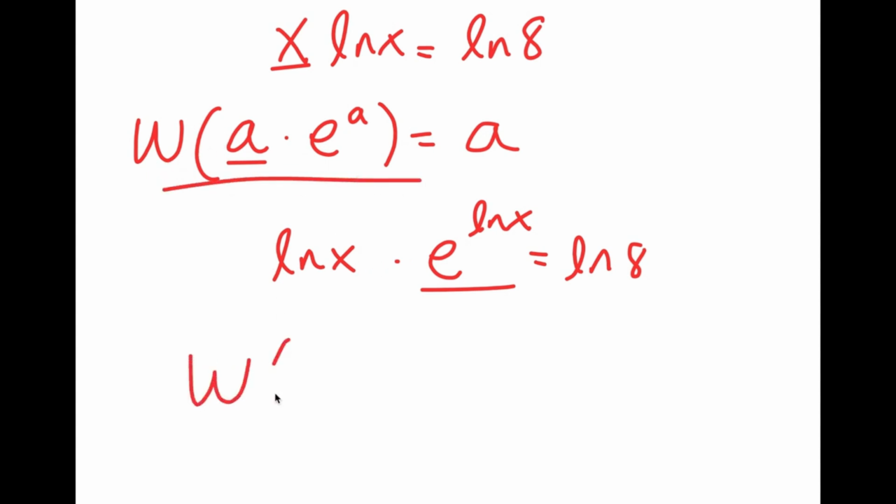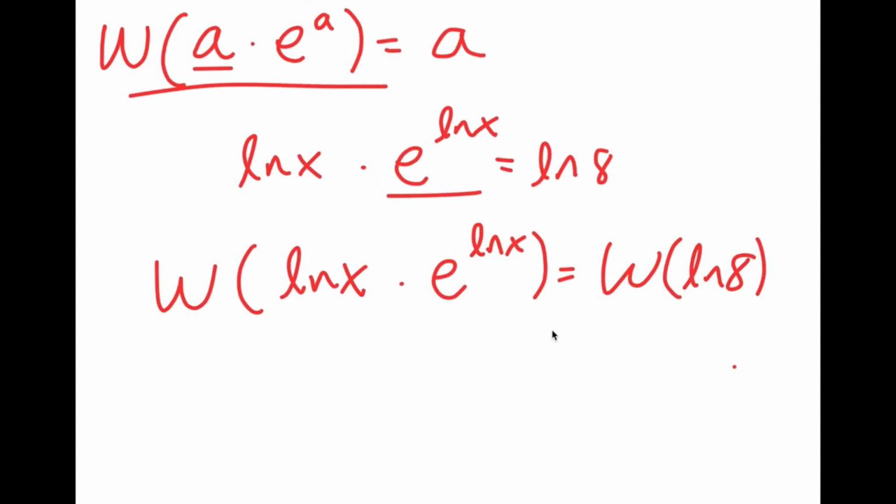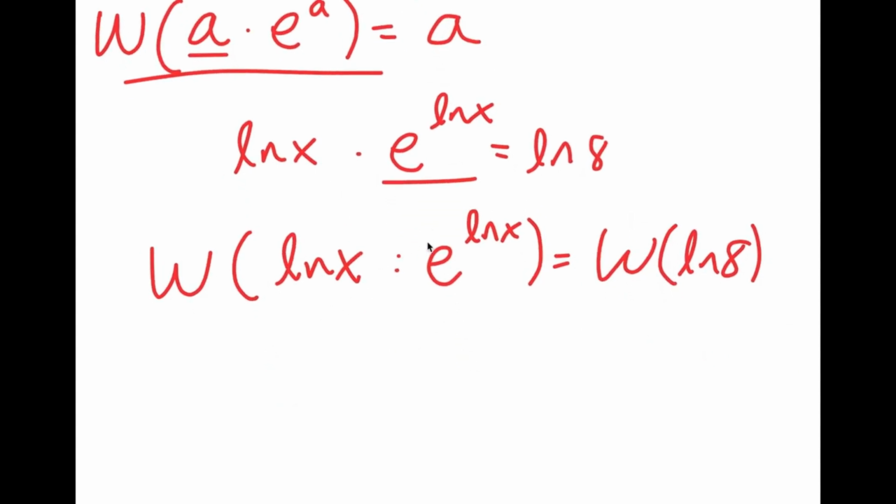So I'm going to take the W on both sides. So I have W of ln x times e to the power of ln x is equal to, what I have to do on one side, I have to do the other side, so W of ln 8. And this simply turns into ln x is equal to W of ln 8.